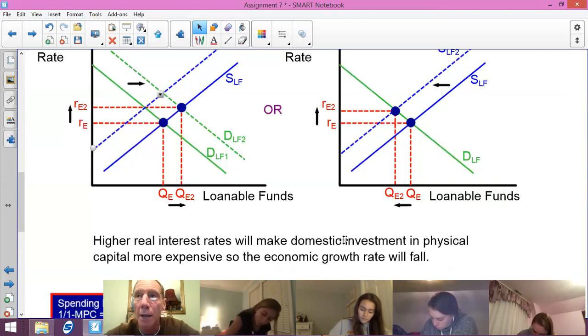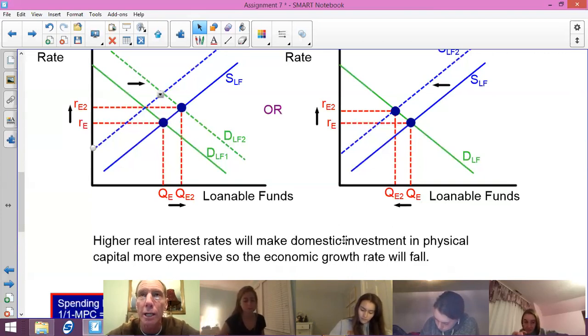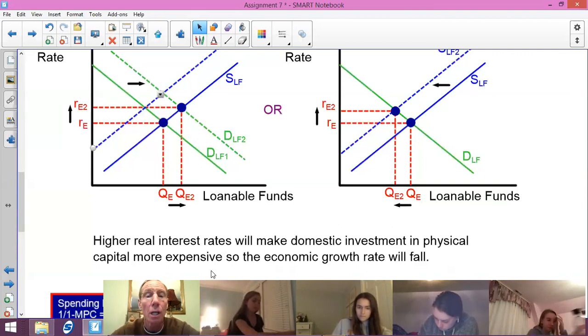Because it makes borrowing money, using your credit card, buying a house, investing, a company, a restaurant chain opening up new restaurants, all that becomes more expensive because they typically borrow the money to do that. So that's going to make the rate of economic growth fall. That's the answer. Because a domestic investment in physical capital becomes more expensive.